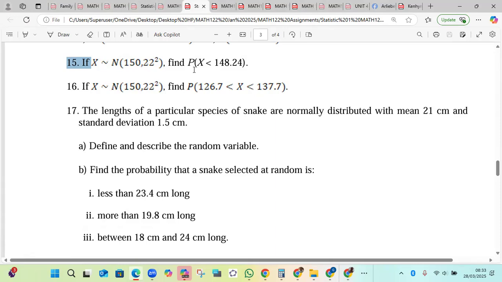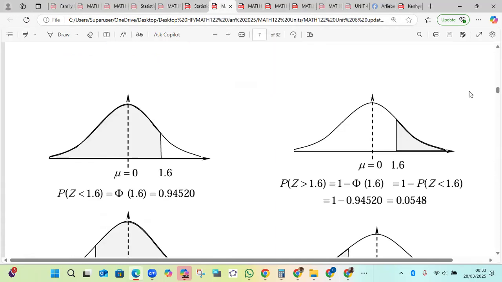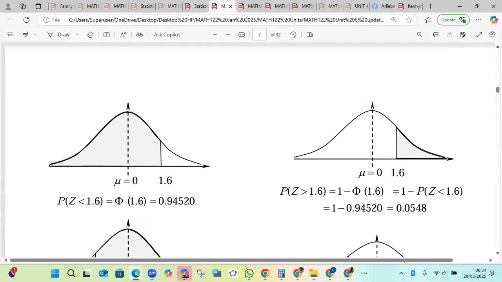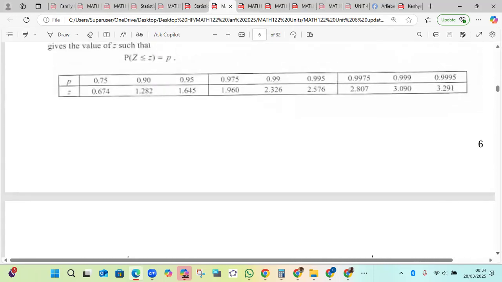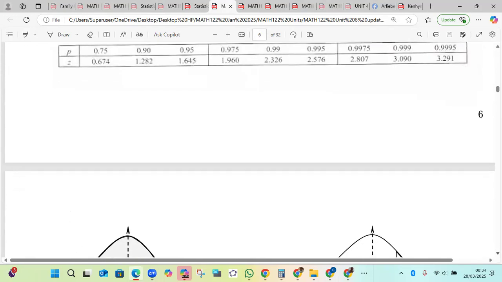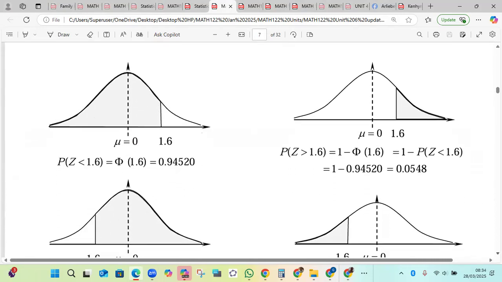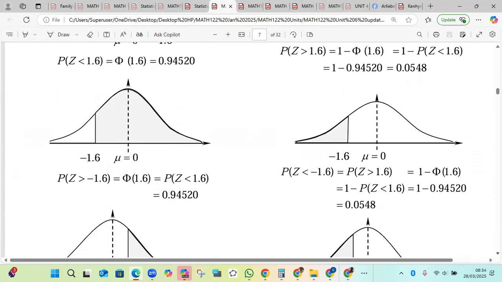So let's get a similar example to this in Unit 6. We're trying to find the probability that z is less than a negative value. So that's a left tail. Our final answer will be less than 0.5.